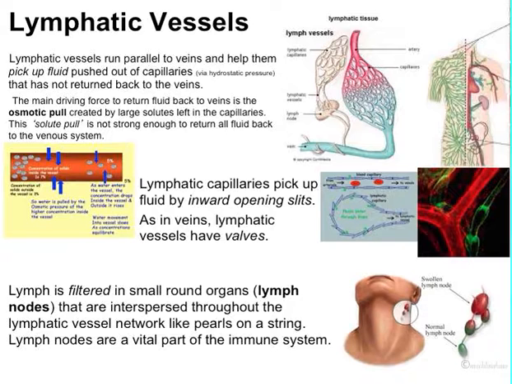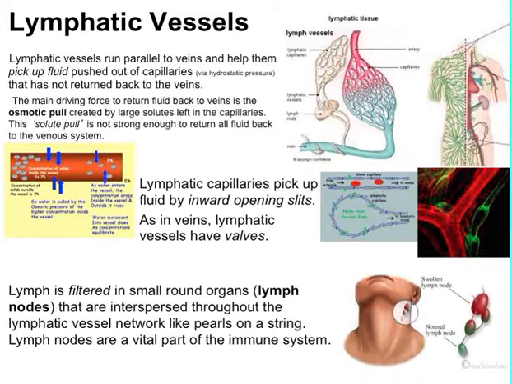So it's an osmotic pull. Visualize the salt on a tomato, how it pulls out the water. It's the same thing, except the salt at this point is solute and the tomato surface is the inside of the vessel. But you can see how a hydrostatic pressure is more forceful than an osmotic pull. You can visualize that, I think.